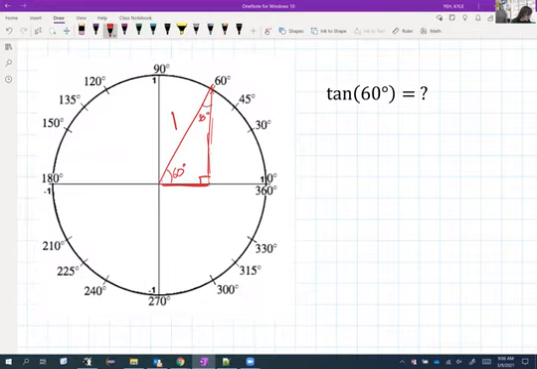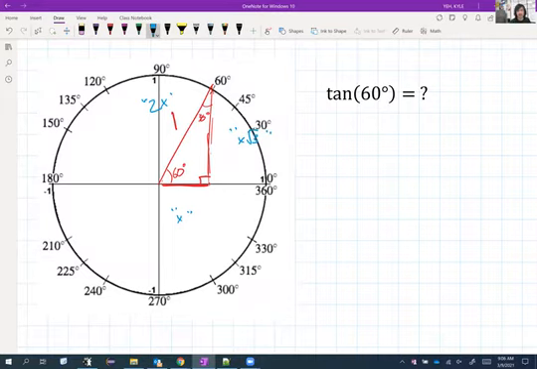A 30, 60, 90 triangle, a special right triangle. And if you remember, the hypotenuse was 2x is what we called it. The shorter leg was x, the longer leg was x root 3.